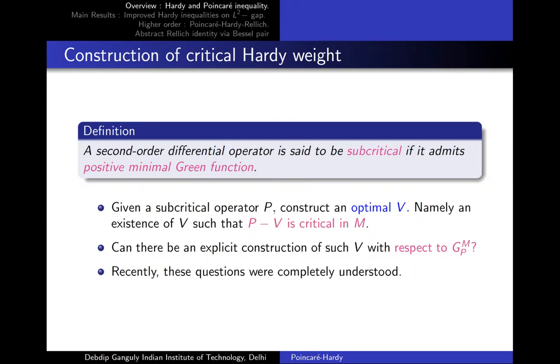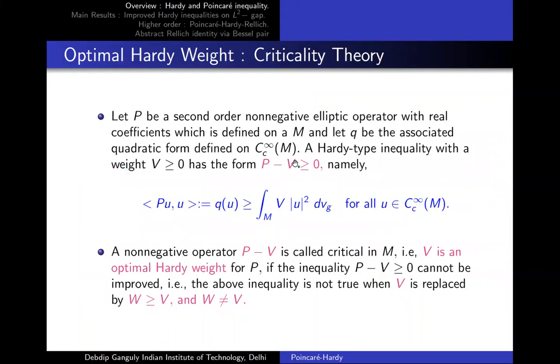Whenever there is a subcritical operator, we can talk about the Hardy weight. That means we want to find a weight v such that P minus v becomes critical. In other words, P minus v does not admit a positive minimal Green function. All these definitions are equivalent.